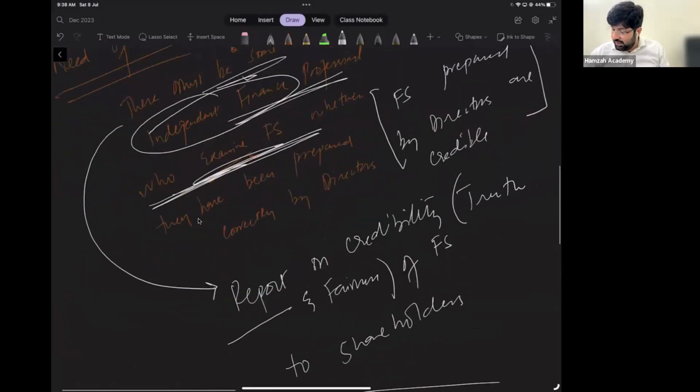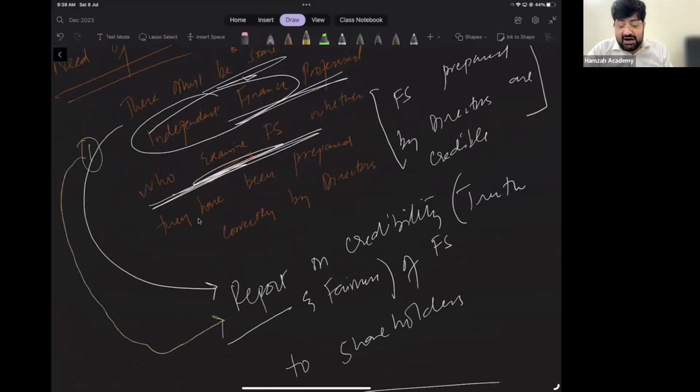Two things. Audit is independent examination of financial statement, and as a result of that, there is a report on credibility of financial statements. There is a report by that professional.